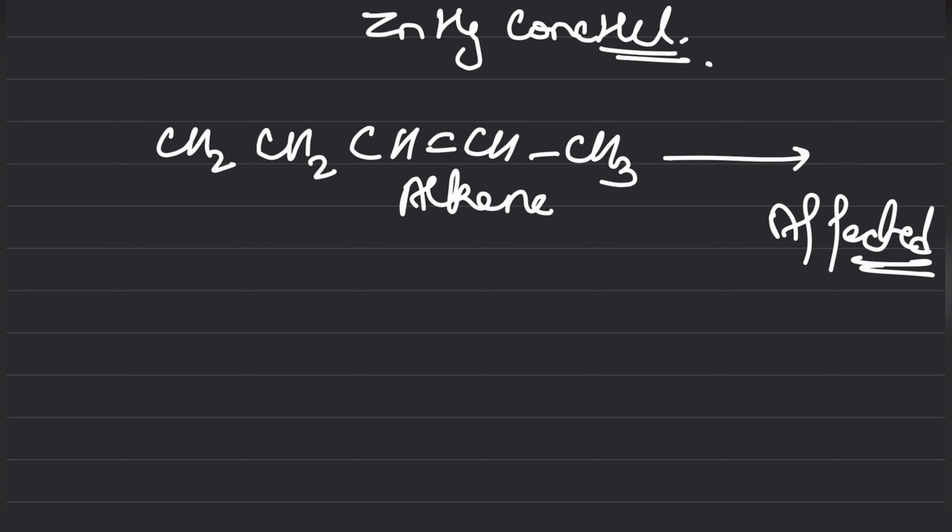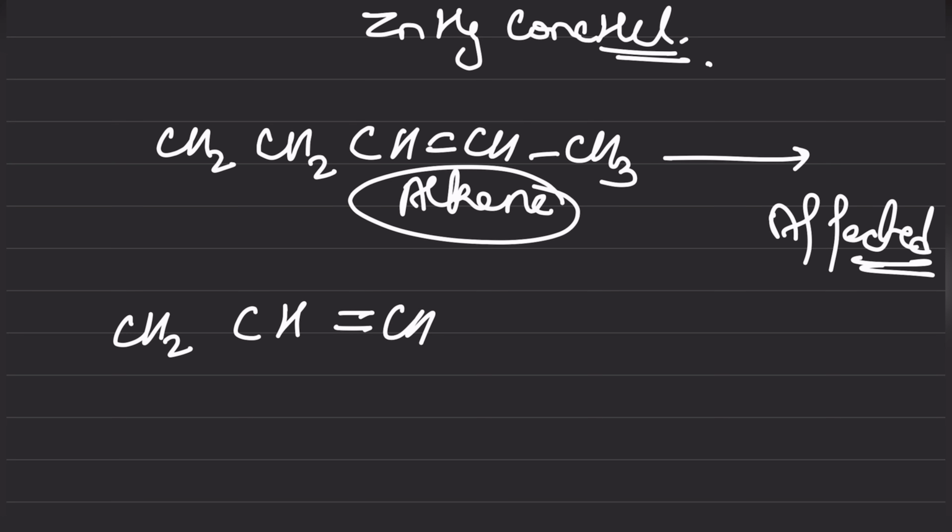But suppose in the same alkene it is like this: CH2 CH double bond CH, CH single bond CH double bond CH, and CH3.